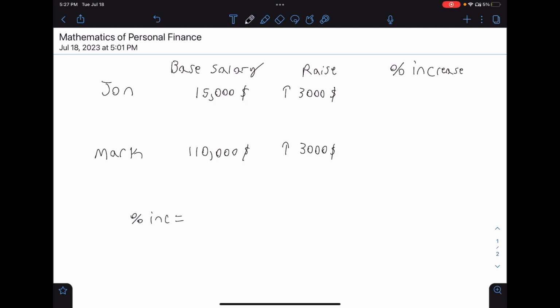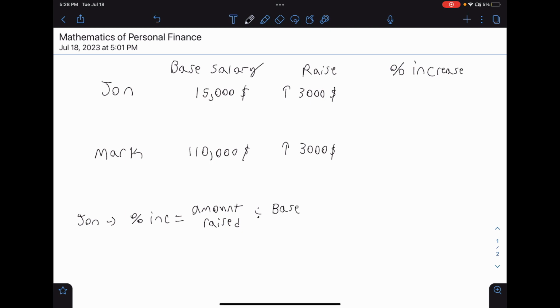And that's going to equal the amount raised. So whatever we were given for the amount raised. So in this case, we have $3,000. I'm doing John, by the way. So let's do John. So amount raised, so a part, just a small part, right? And that's divided by the base salary, which is the total.